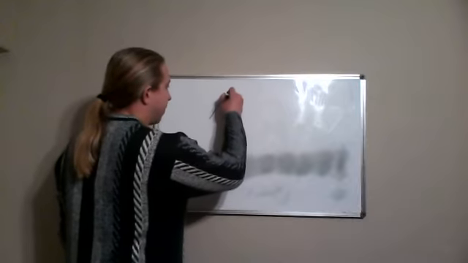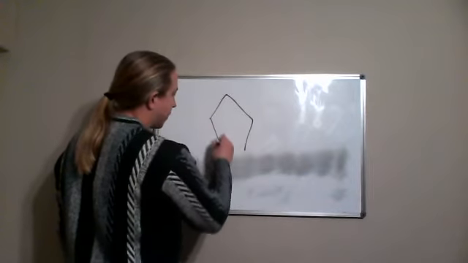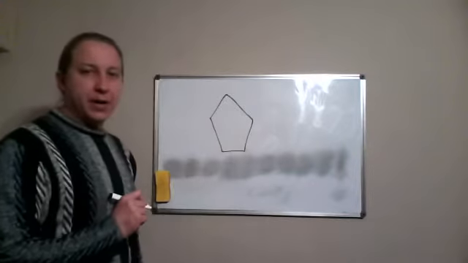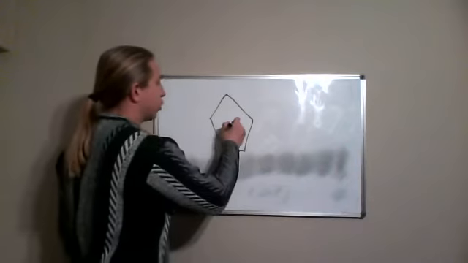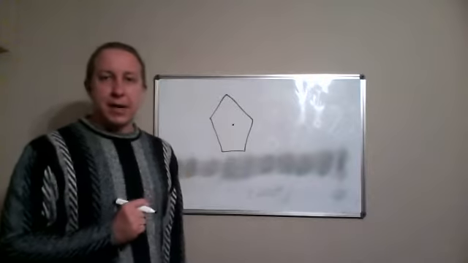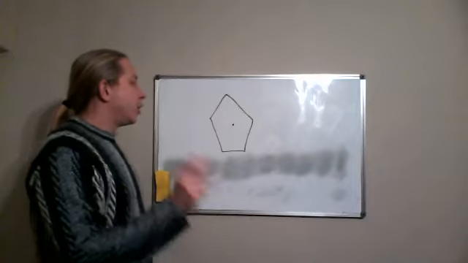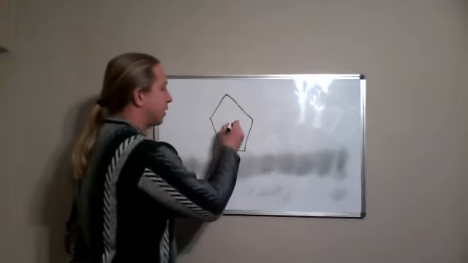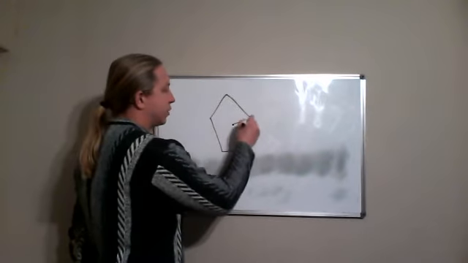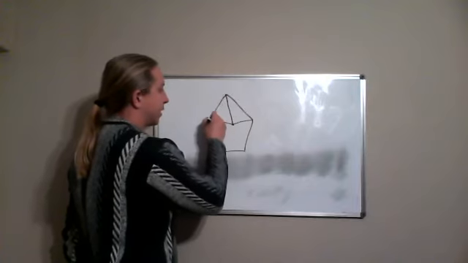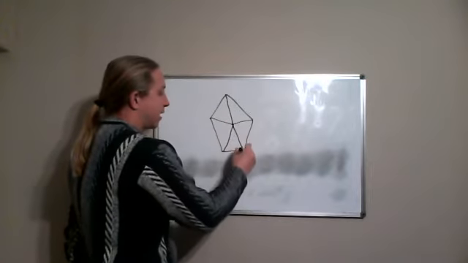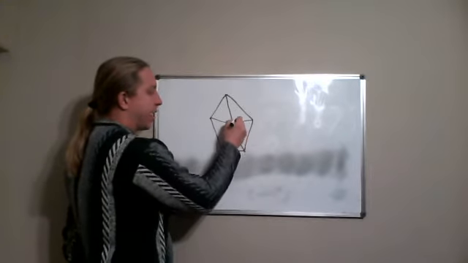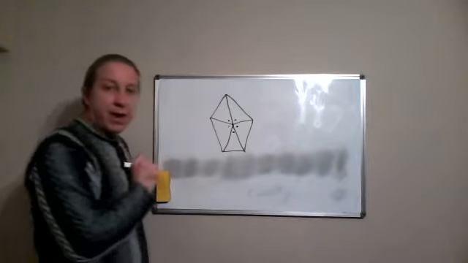So let's say I have a pentagon that looks like that. So it's a five-sided shape. Might not look perfect on the drawing, but it's a regular pentagon, right? So what I can do is take a central point and connect it to each vertex like that, and that will give me these interior angles around the point, those 5 angles.